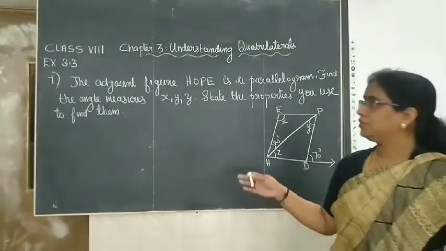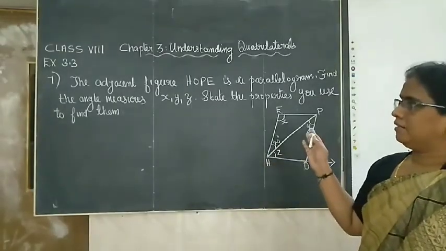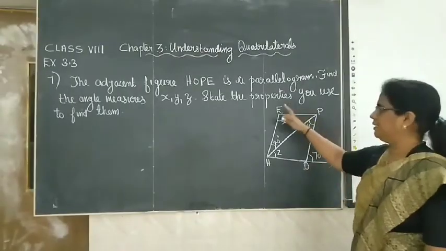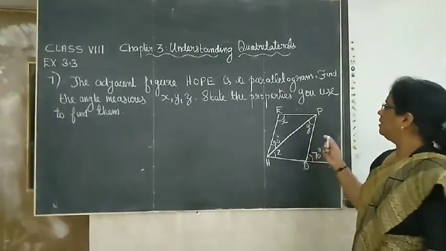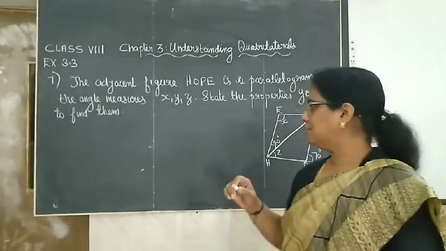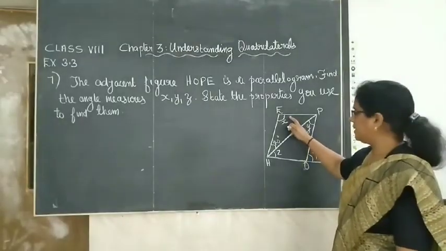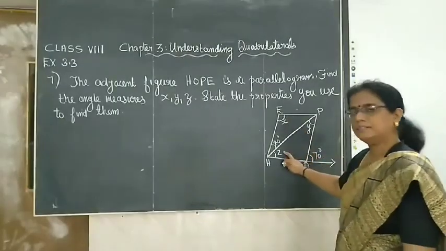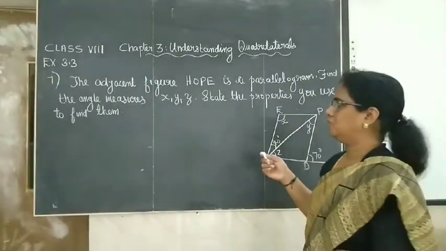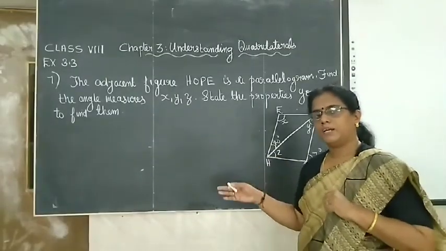Now we will discuss question number 7. The adjacent figure HOPE is a parallelogram. Find the angle measures X, Y and Z. So here we have to find these angles X, Y and Z. These are the three angles you have to find. So we will apply some properties of a parallelogram.